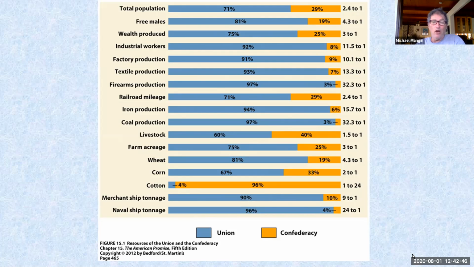All they had to do was hang on, wait for the North to give up. But they did not do that. They fought open field battles involving big military confrontations, and the South lost these battles.